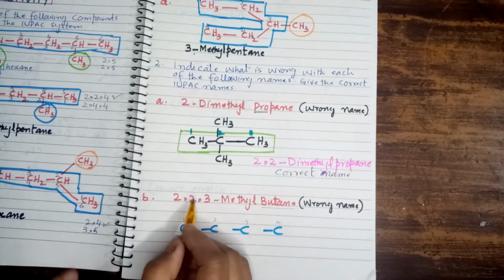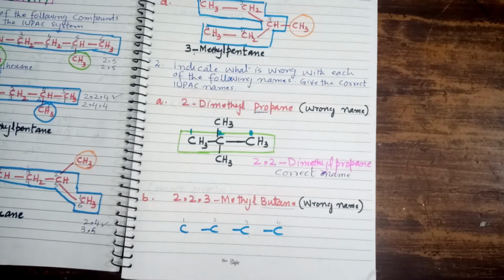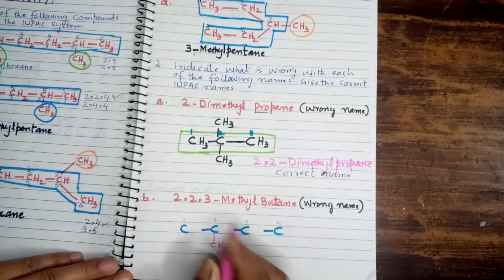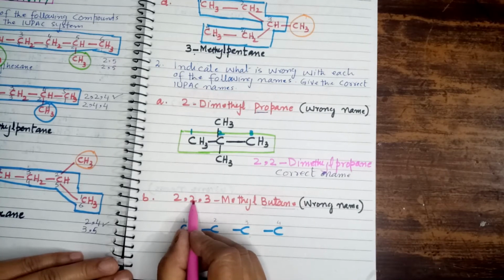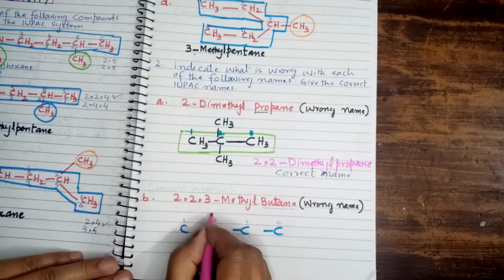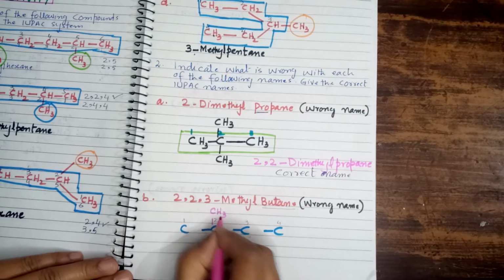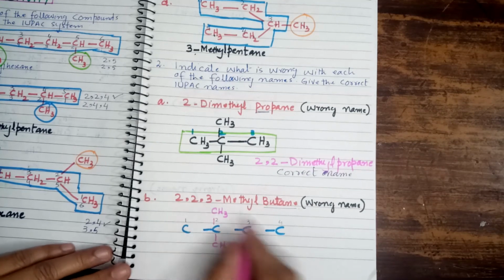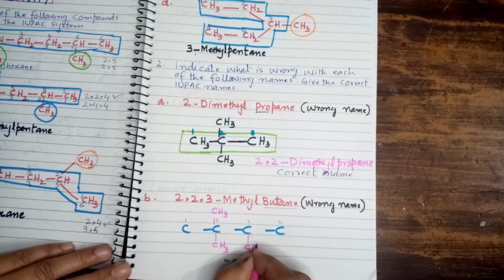One methyl radical is attached with carbon number 2. So we attach one methyl radical with carbon number 2, right? Another methyl radical is also attached with carbon number 2. So we attach the second methyl radical with carbon number 2 as well. And the third methyl radical is attached with carbon number 3, right?